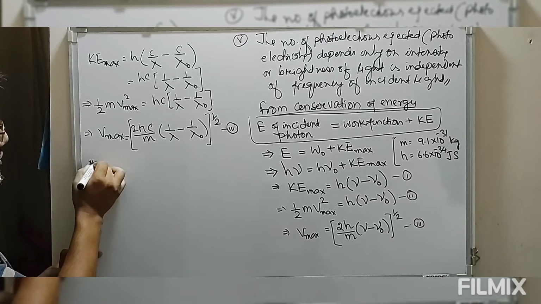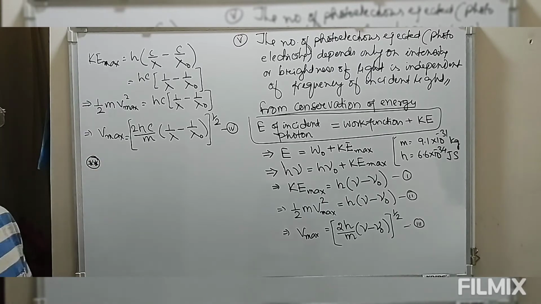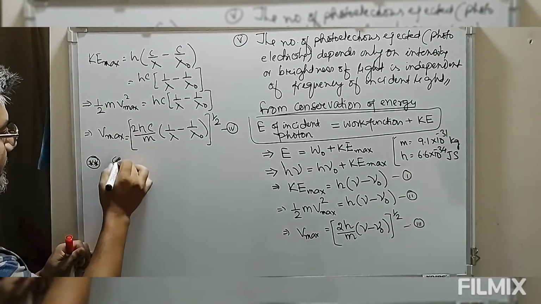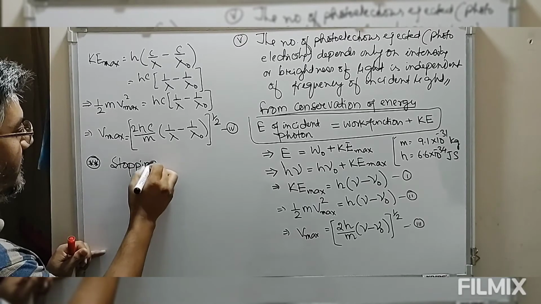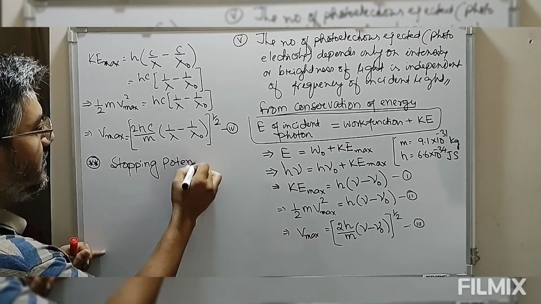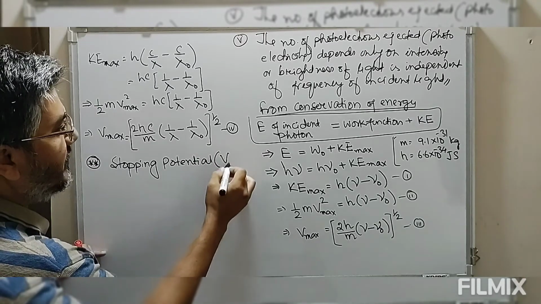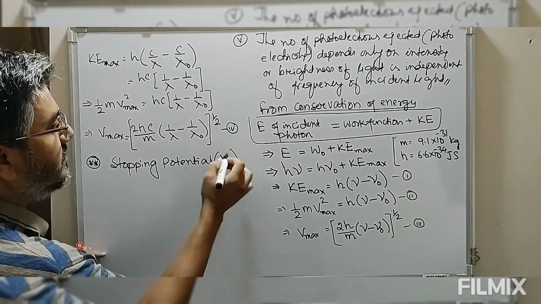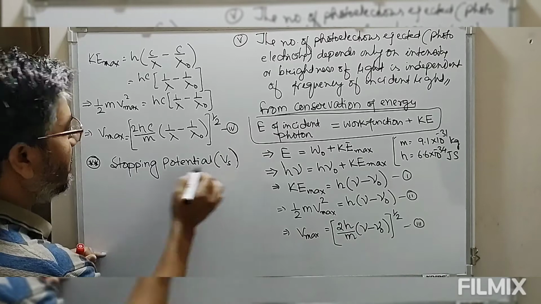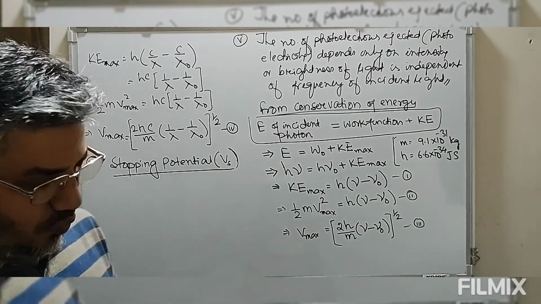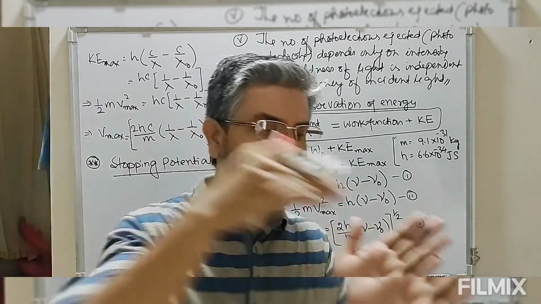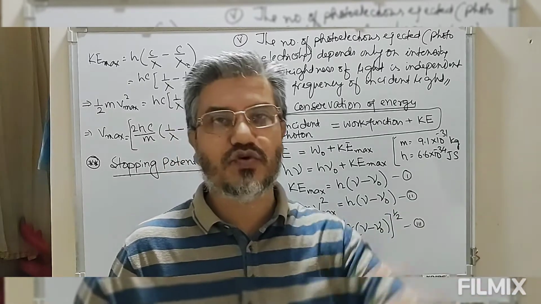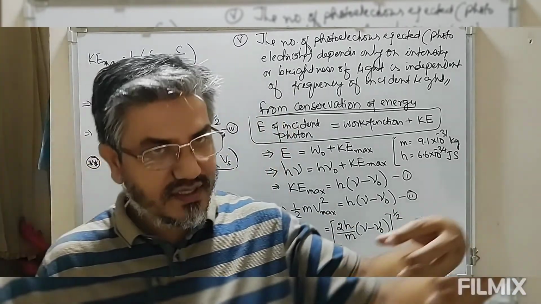Now one more thing we have to keep in mind is that sometimes we use a term, stopping potential, V naught, or sometimes Vs. When a photon strikes the surface with energy greater than the minimum energy, electrons are removed from the surface of the metal, meaning electrons are moving in the external circuit.